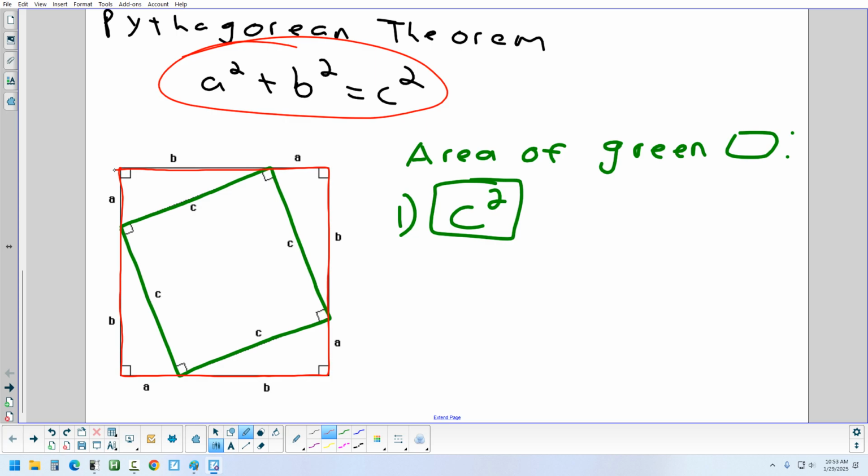Pretend that red square was a piece of paper, and I said, I want you to turn that piece of paper into something that's the size of the green square. What would you do to it? Yeah, I'd fold up everything in red to make the little green square. You fold the little corners in, all that type of stuff, to make the green square. Yeah, we fold the corners in, right?